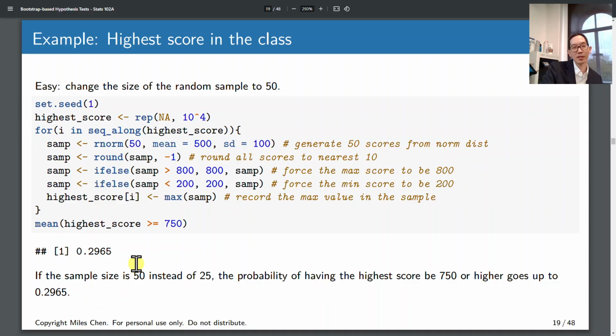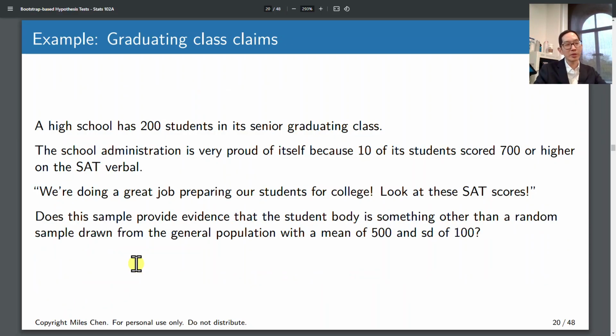Okay. All right, and just going along with this, we could do even more complicated things where I don't even know what distribution I would use. I don't know what the theoretic thing is here. So let's say you have a smallish, medium-sized high school. There are 200 students in the senior graduating class.